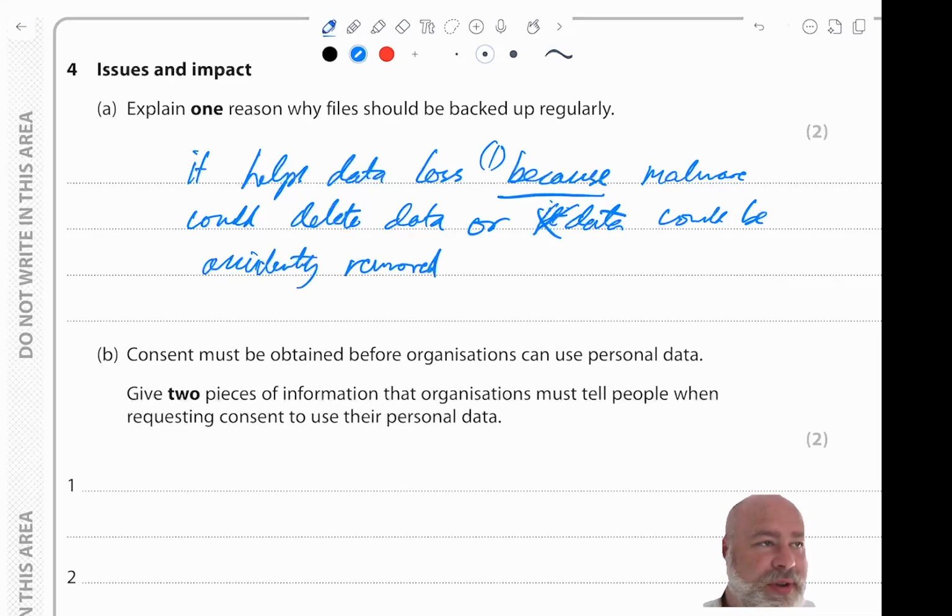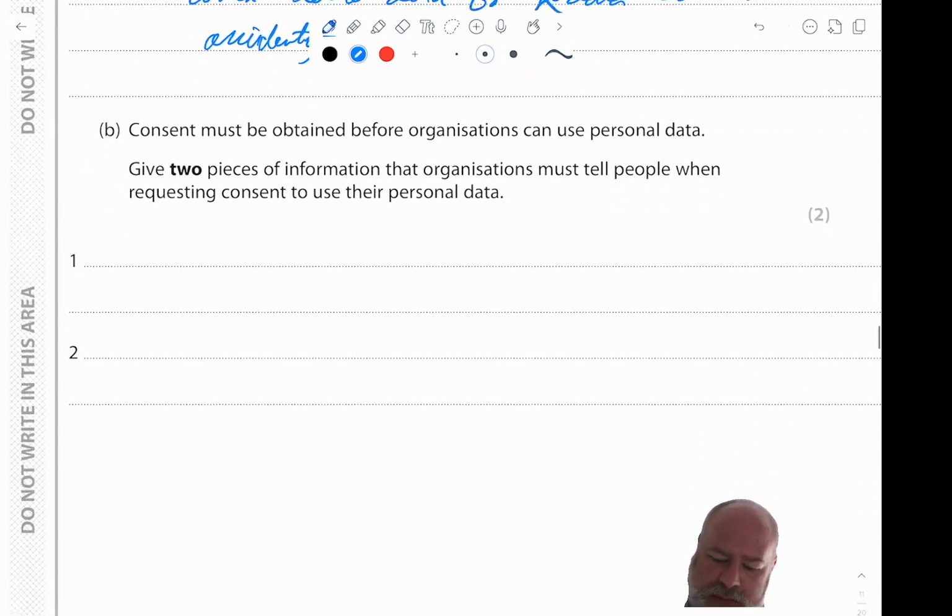I think that's a very safe answer there. You can restore your data if there are physical hazards, if there was a fire or something like that. Water damage is typical, isn't it? So backing up your data is highly recommended.